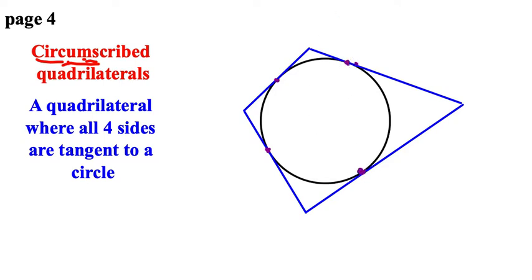Now, if you remember from the last notes, if you think about the vertices, let's say that's A, and here's B, right?